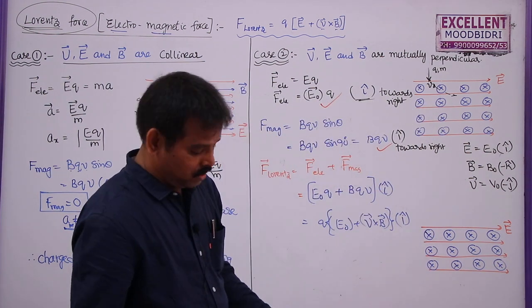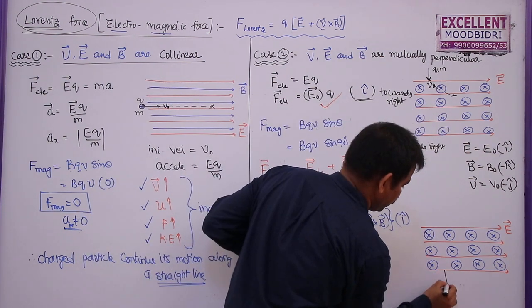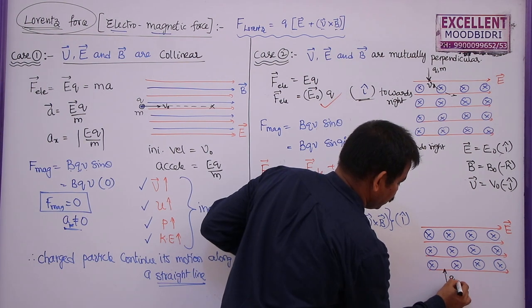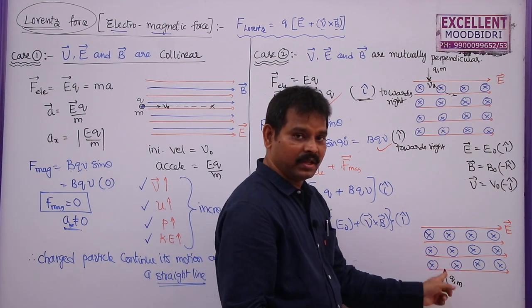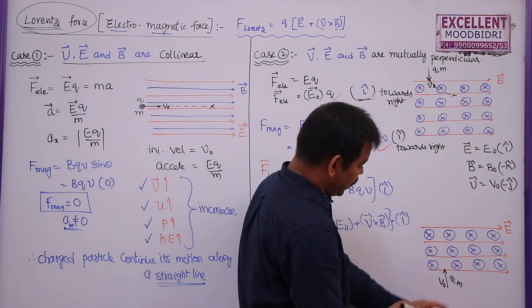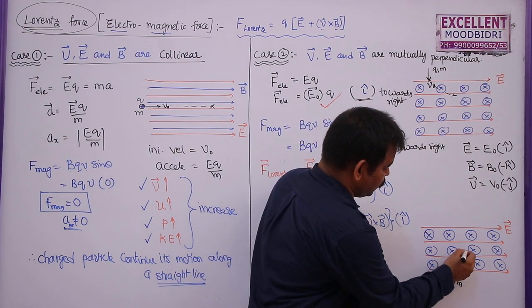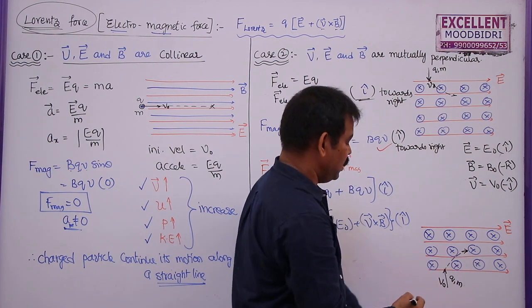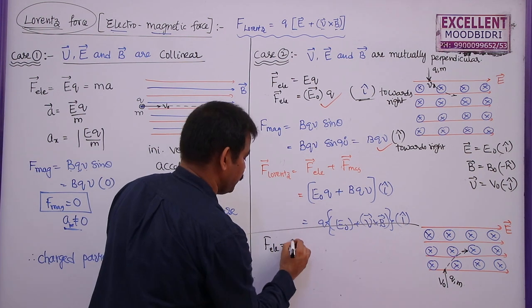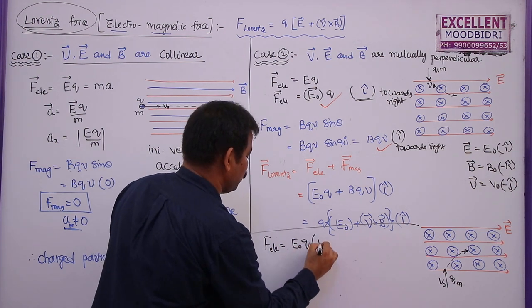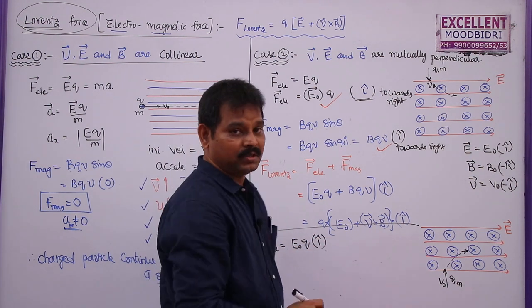So in this case, let us say charged particle enters from here of charge Q mass m with a velocity v naught. So in this case, what is the direction of the electric field? So the charge will experience a force in the direction of the electric field in this direction. So electric force is given by, in this case, F electric is given by E naught Q along x axis. What is the magnetic force?